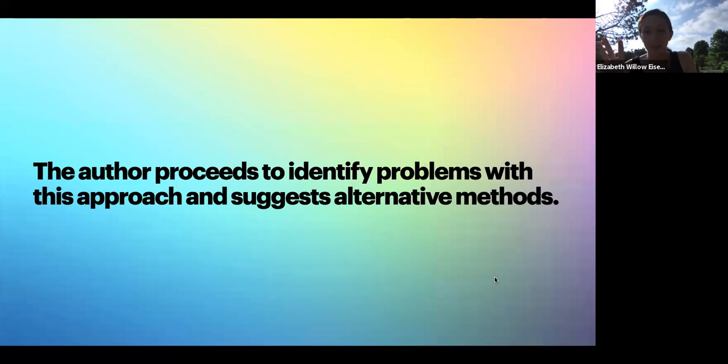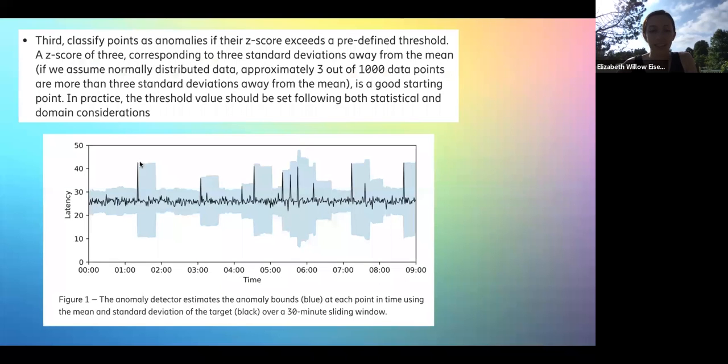That's the beginning of this article, and then they proceed to talk about problems with this. You can see that the mean and variance are very easily influenced by this one anomaly. That's one issue they talk about.